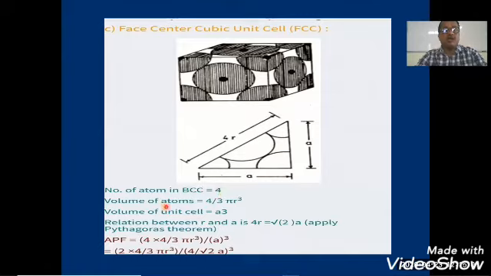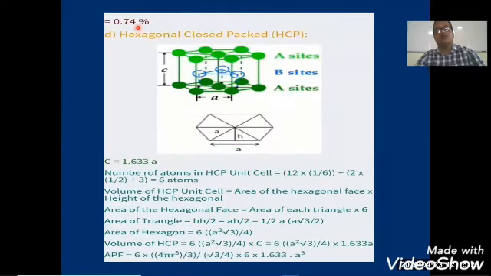Then the volume of an atom is 4/3 πr³, so the total volume occupied by the atoms will be 4 into 4/3 πr³. And the volume of the unit cell is a³. So we substitute a by 4/√2 r, then it will be 0.74. So in terms of percentage, it will be 74%.